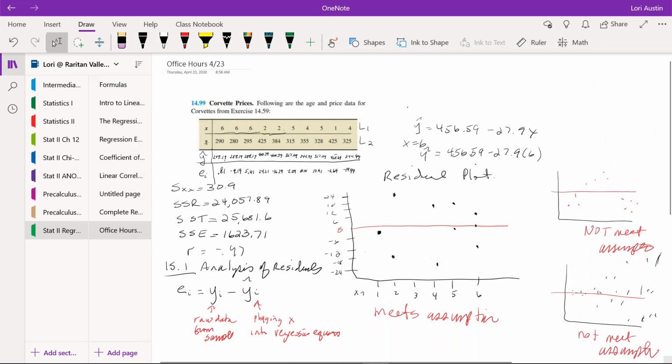Oops. So again, you're looking for a nice horizontal band. You can say it meets assumptions. If you have a clear pattern like in either of these two examples, where it's not a nice even horizontal band, then you would have to say it does not meet assumptions.